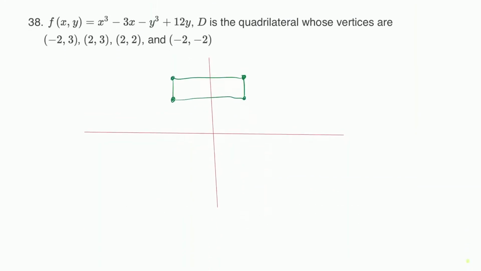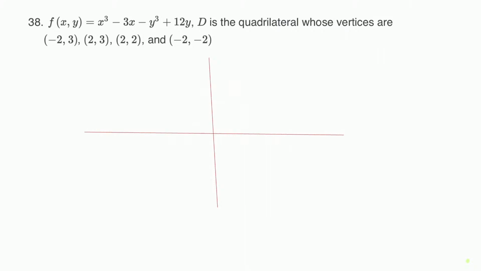Here's number 38. I think the deal with this one is, not the shape. Did I mess up my shape? Okay, let's see. We're going to check the shape. Okay, I didn't bother writing the points down.